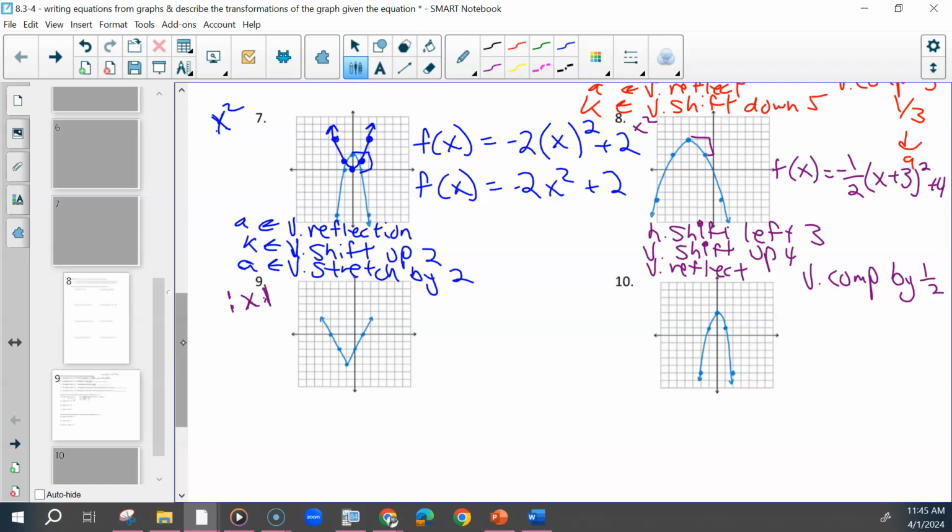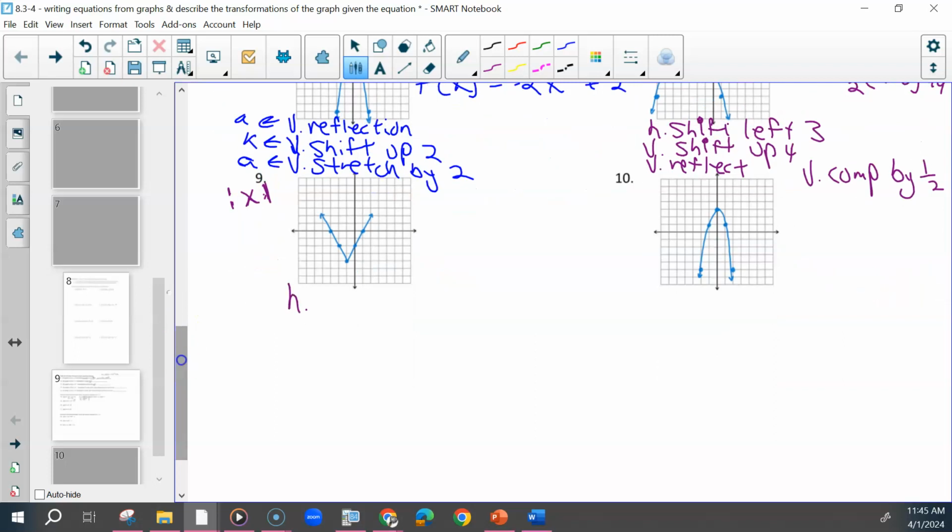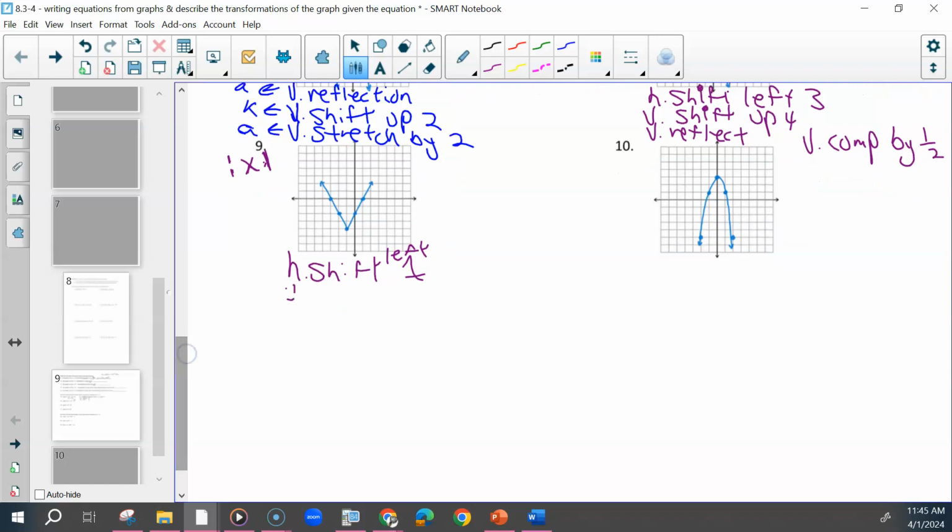Okay, move to the left 1. Horizontal shift, left 1. It went down 4, so vertical shift. Did anything else happen? It got thinner, so that means what? Vertical stretch, by counting the slope.